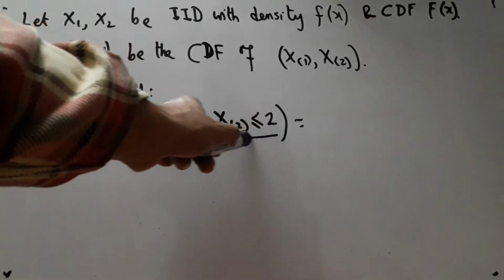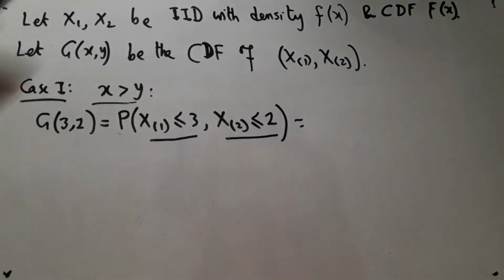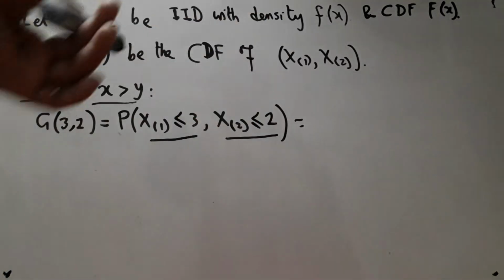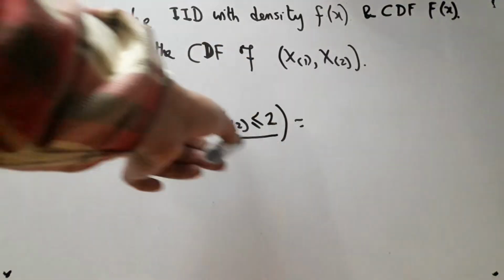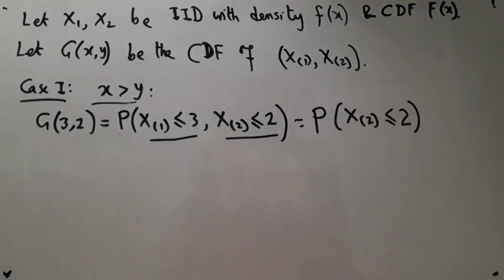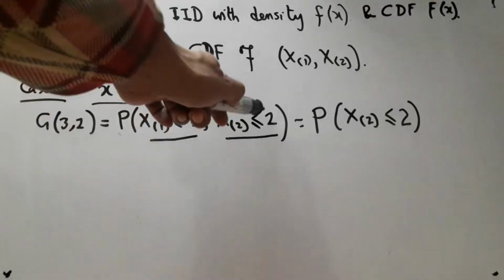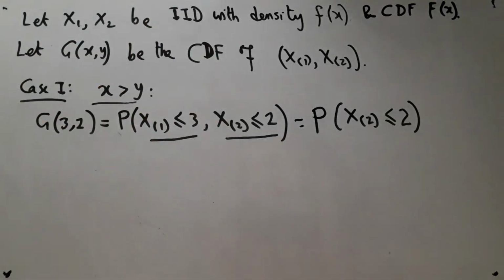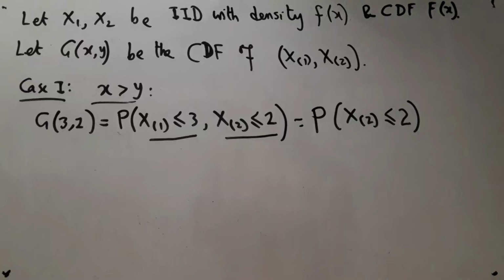Obviously, if this happens, this must happen, right? If the maximum is less than or equal to 2, then of course the minimum has also to be less than or equal to 3. So it is enough to work with only this thing. So you see, this 3 does not play any role at all because this 3 happens to be greater than 2. Now I will restore x and y in place of 3 and 2.